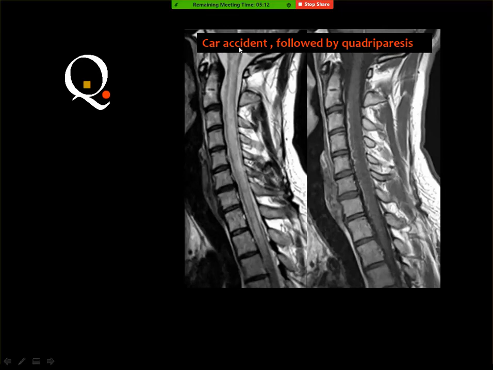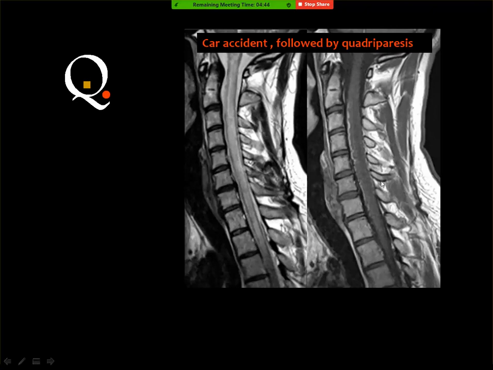There is a car accident followed by quadriplegia. Then transverse myelitis. Okay, wait. This is T2 and this is post contrast. In the T2, it's called the swelling. Yes, you got diffuse swelling of the cord. Okay, and this may be due to edema or maybe due to infarction, for example, post-traumatic, okay?